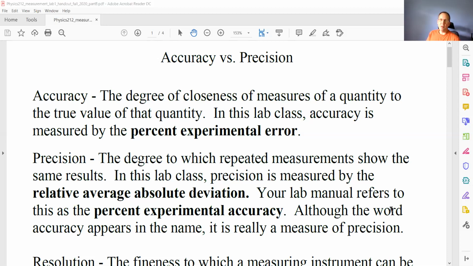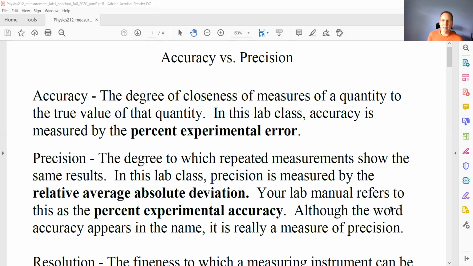Now here's the confusing part. The lab manual, which was originally written 1970-ish, refers to this as the percent experimental accuracy. So they refer to the relative average absolute deviation as the percent experimental accuracy. So it's a little confusing because it's really a measure of precision, right?